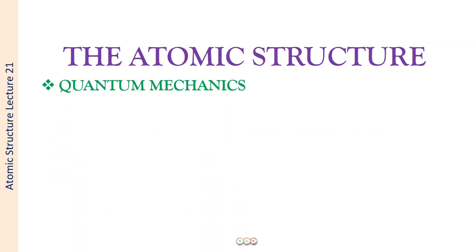So before we can understand what is the quantum mechanical model of atom, let us first of all understand what is quantum mechanics. And for this you have to understand first of all what is classical mechanics. Well, classical mechanics is the one which we are studying these days in physics, that is kinematics, laws of motion, work power energy, circular motion, motion in one dimension, two dimension, everything.